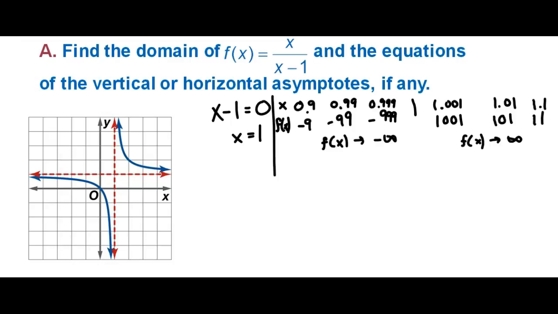So because on either side of the line x equals 1, I'm approaching an infinity, that tells me that x equals 1 is an asymptote. So first of all, we have a vertical asymptote at the line x equals 1.